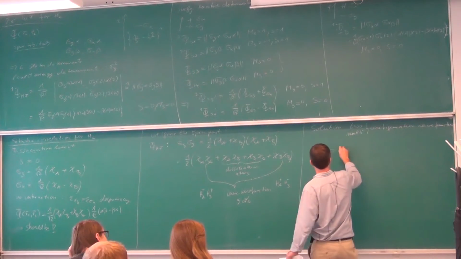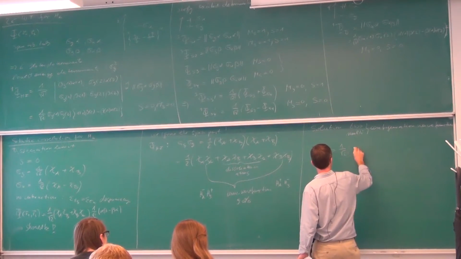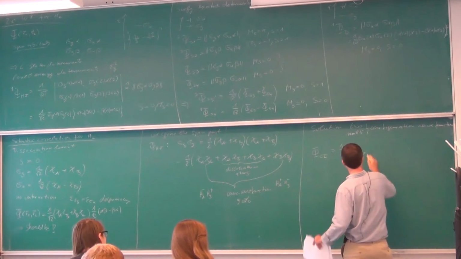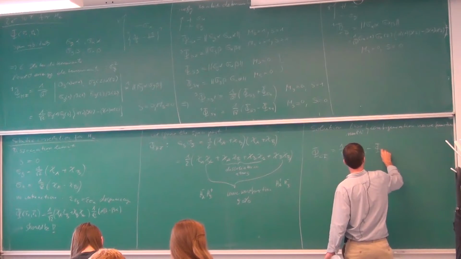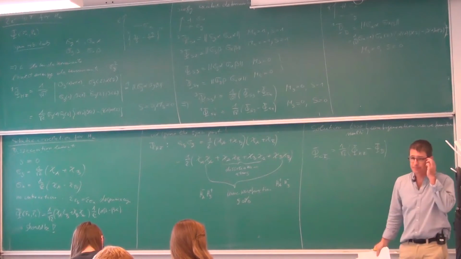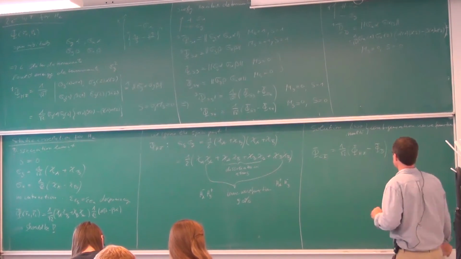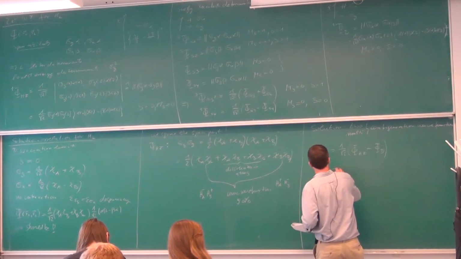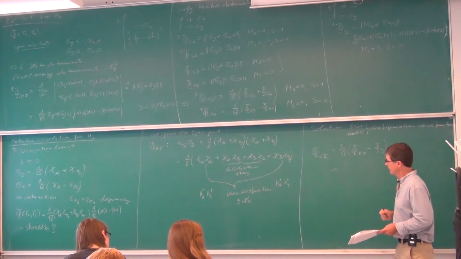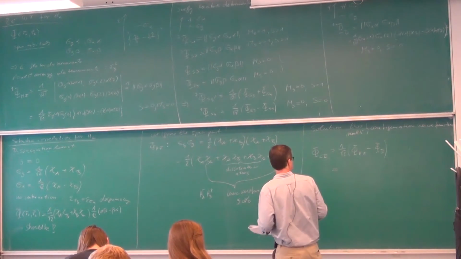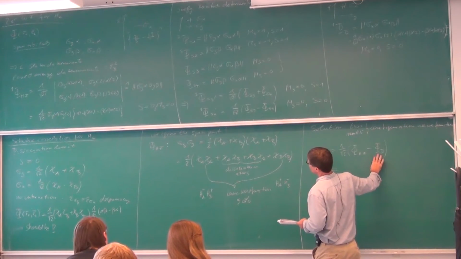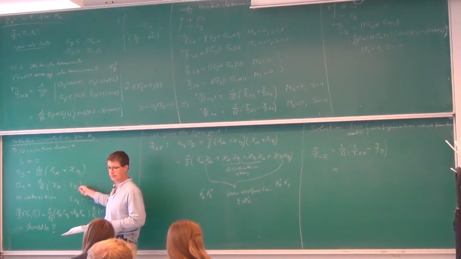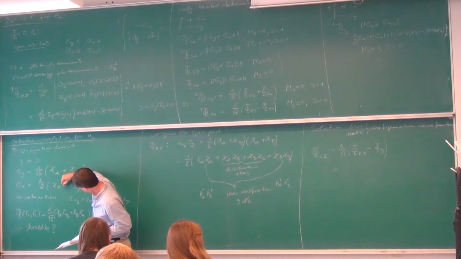We write a wave function which is 1 over square root 2 times the Hartree-Fock minus the doubly excited determinant, in which we have twice sigma u. You can see there's a minus sign in here.